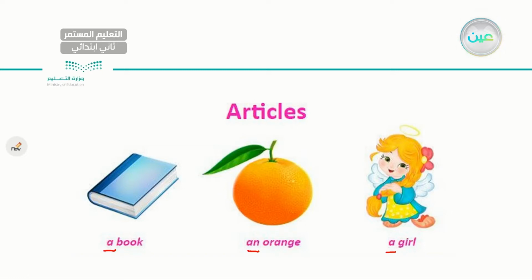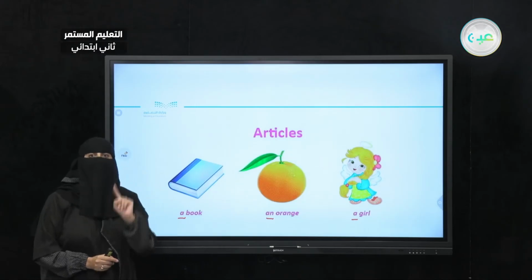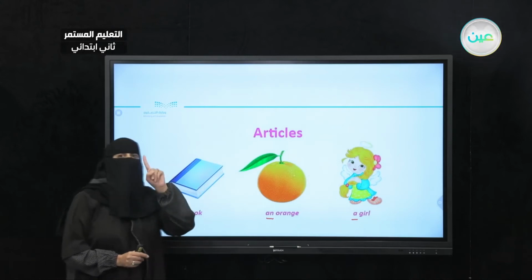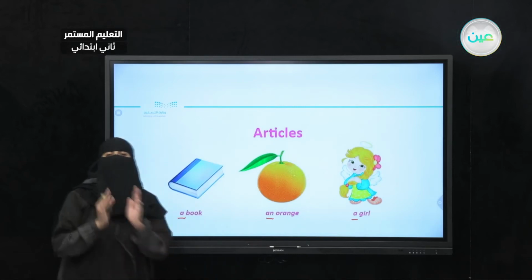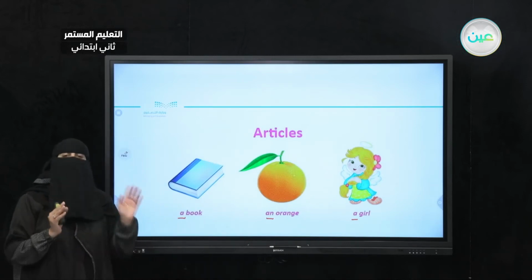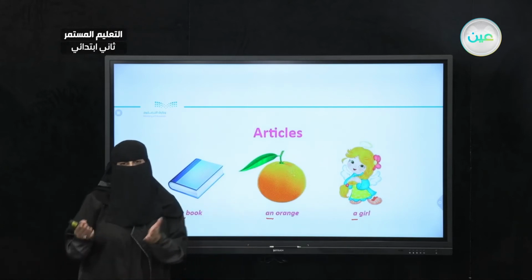But you have to focus and understand I only use these articles with singular. As you can see, I have one book, a book, one orange, an orange, and one girl, a girl. So with one item, I will be able to use the articles a and an.